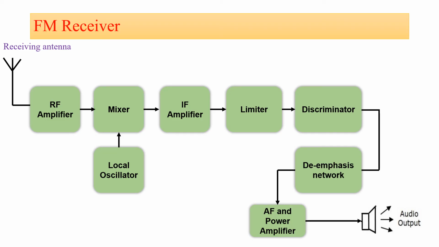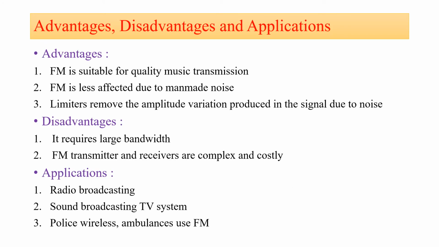Now, which are the different advantages, disadvantages and applications of frequency modulation? First of all, FM is suitable for quality music transmission, means for music transmission you can use the FM technique. Similarly, the FM technique is less affected by man-made noise. If you see the block diagram of our FM receiver, you will observe that we are using limiters.